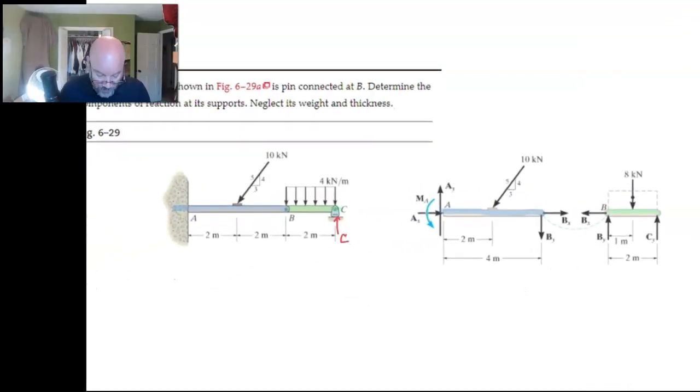If you have a distributed load, like we do here, we know the density. You're going to have to figure out the magnitude of that load and its location before you can do anything else. So you might need to go back and review how that works.